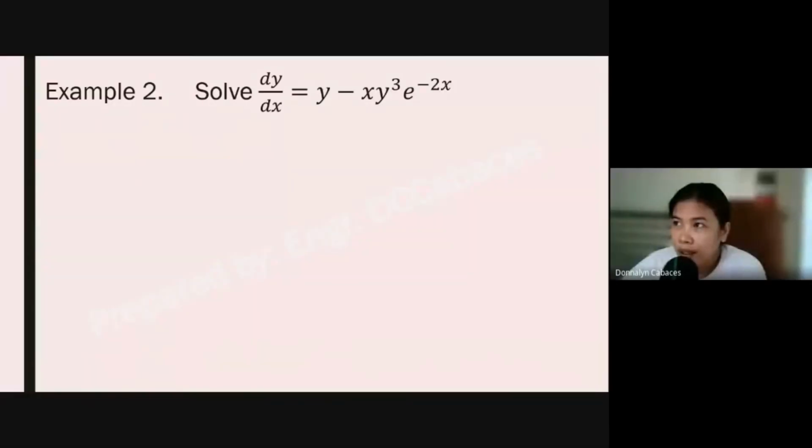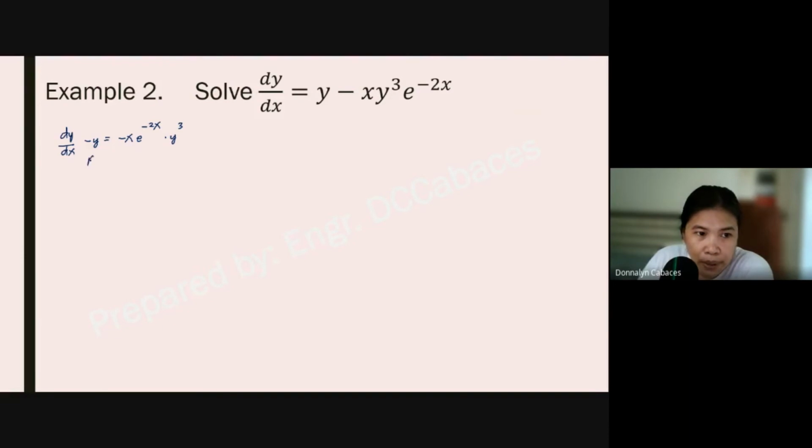Rewriting it in that Bernoulli form, you have the derivative of y with respect to x minus y is equal to negative x e to the negative 2x times y cubed.